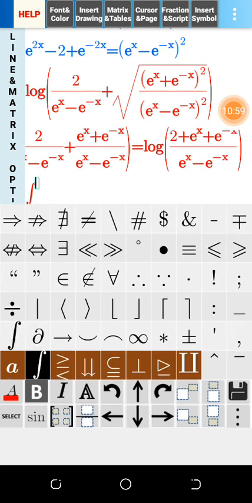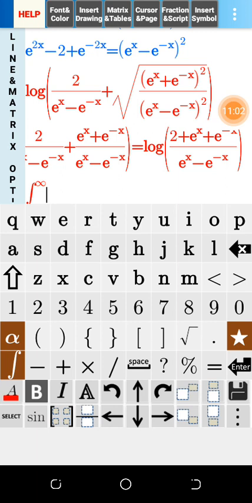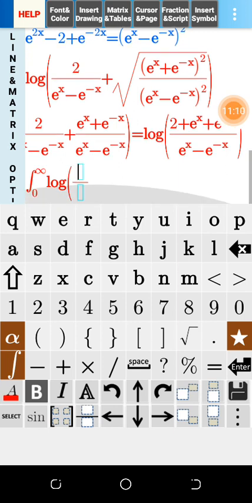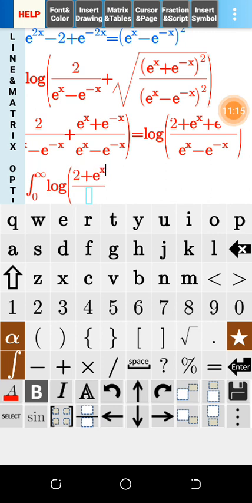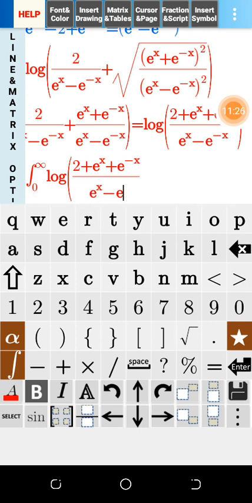Integrating the above expression, the integral from 0 to infinity of log of (2 + e^x + e^(-x)) over (e^x - e^(-x)) dx. We can do this one. So we are almost through.